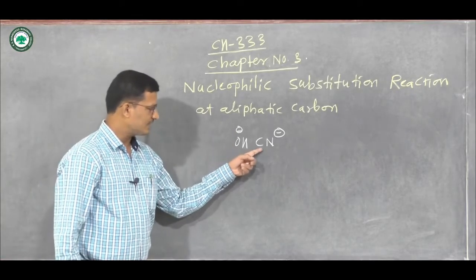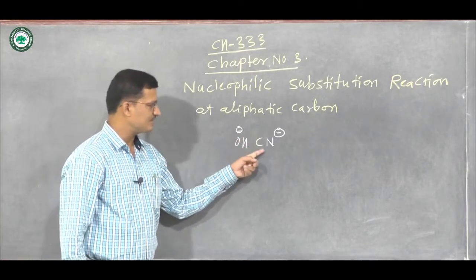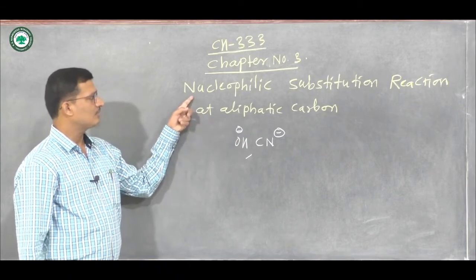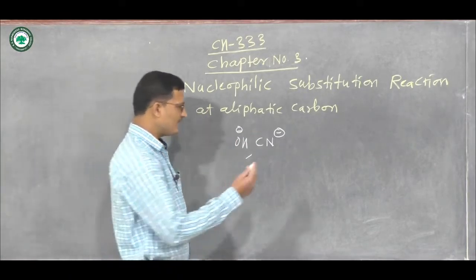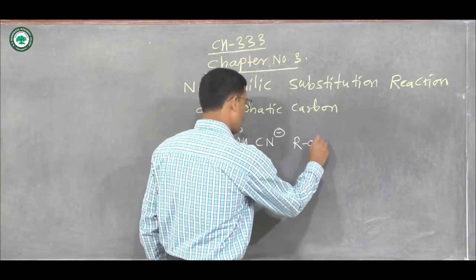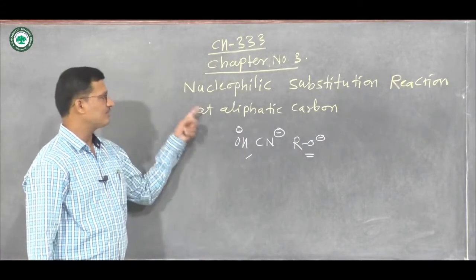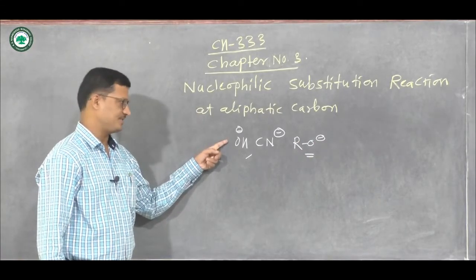The next example is CN minus, which is also an electron rich species. Such types of species we call nucleophile. Again you take the example of RO minus. All these are examples of nucleophiles. So a nucleophile is nothing but an electron rich species.